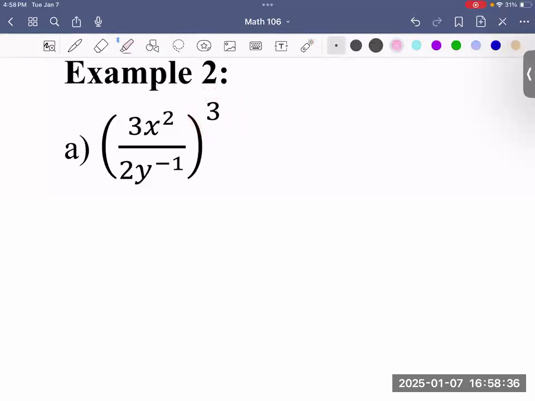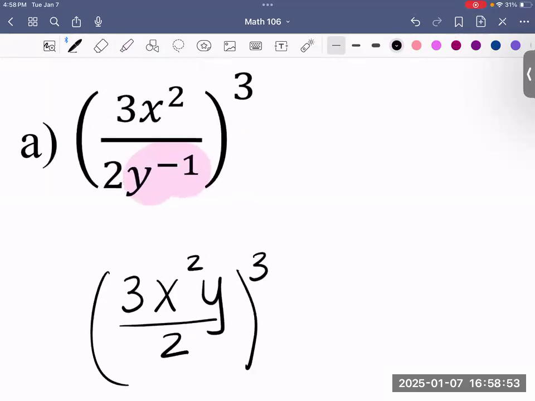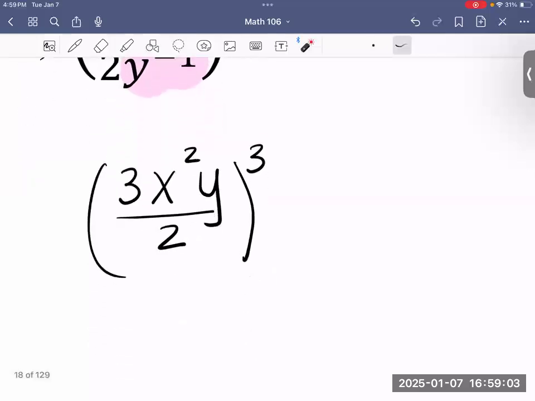Well, for us, really, the only one that needs simplifying is y to the negative first, which we can change its location. We can bring it all the way up top. 2 remains on the bottom because 2 has what exponent? 2 has this positive little ghost one, so that one has a positive number. So we don't need to change its location. It's really just the y that needs to change.